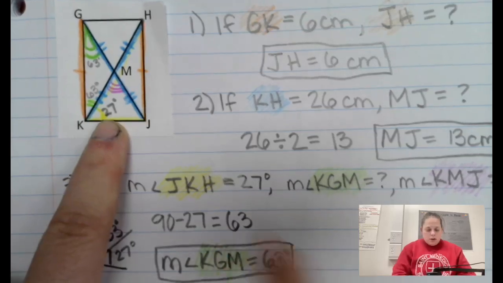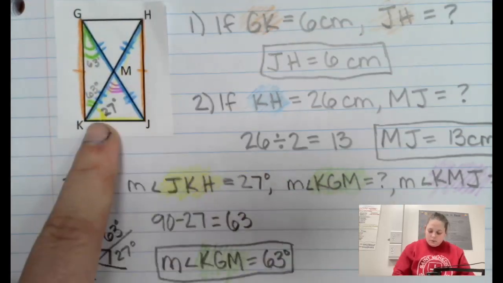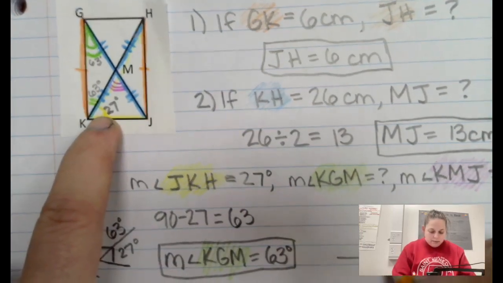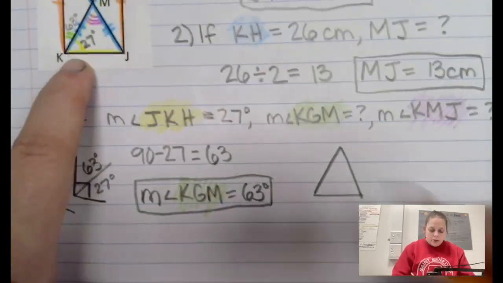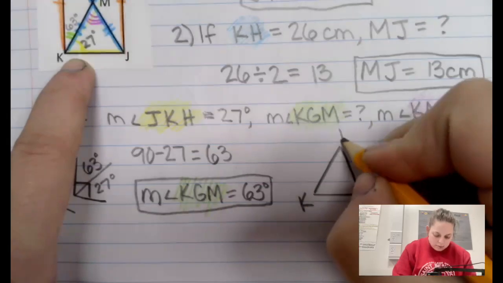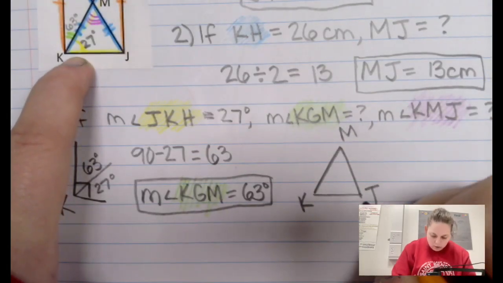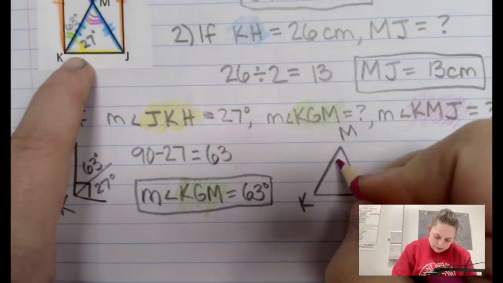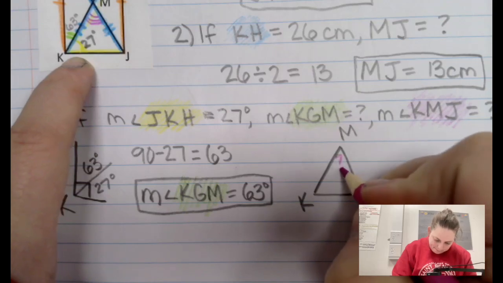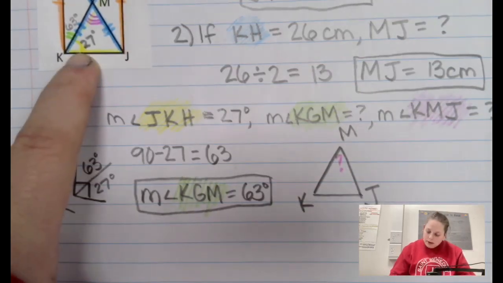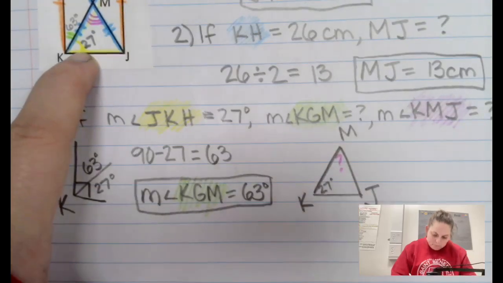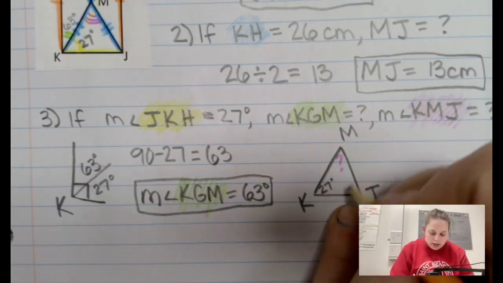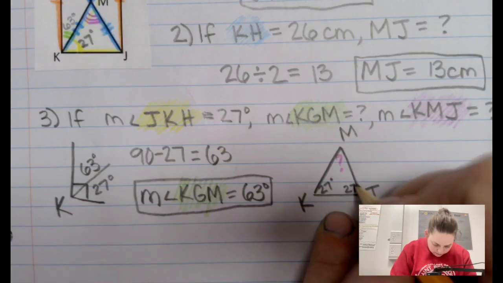All right, so let me look at that as a triangle. So I'm going to copy that down over here. So I have K, M, and J. And my goal is to find out what this is at, this M. Okay, we knew this bottom one was 27. And remember, that means that this J is also 27.